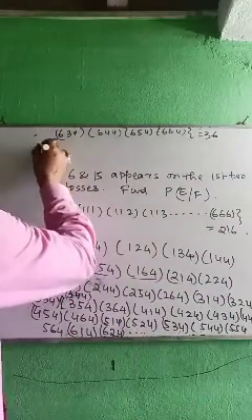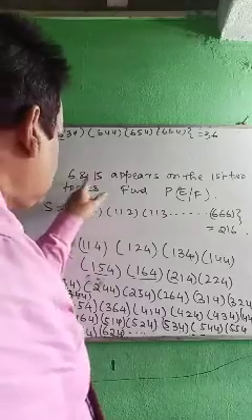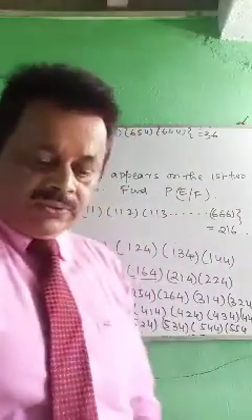Then F. What is F? 6, 5 appears on the first two.